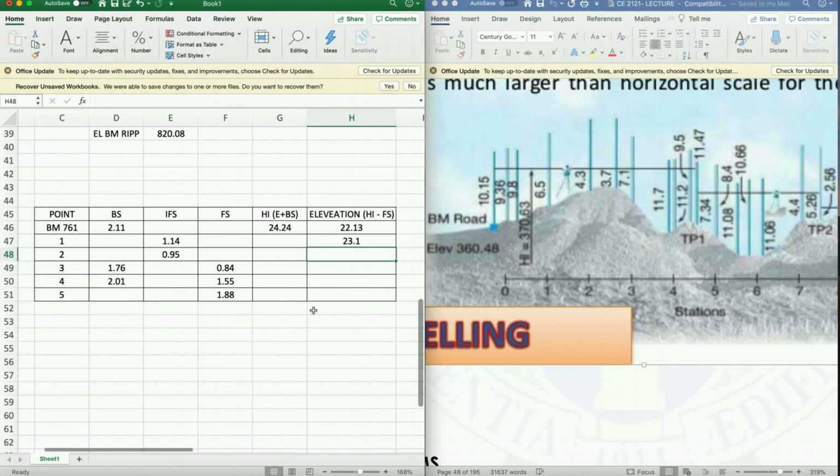Ibang data yan. Okay? So, again, for IFS number 2, it is height of the instrument minus the foresight, intermediate foresight. Therefore, the elevation at point 2 or the IFS2 is 23.29.